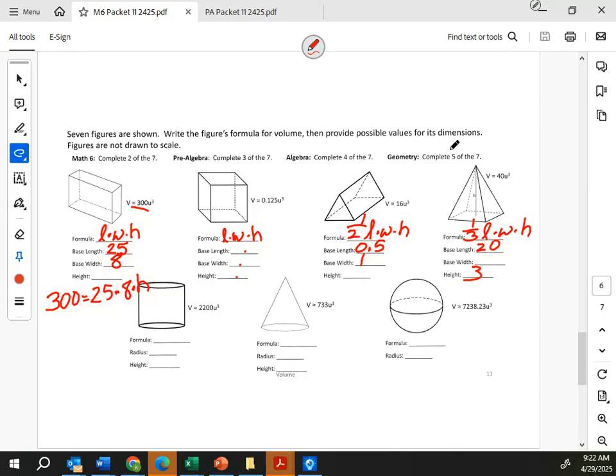For our cylinder, it is pi r squared times height, and our height is 7. For the cone, it's pi r squared times the height divided by 3, and our height again is 7. And for the sphere, it is 4/3 times pi r cubed.